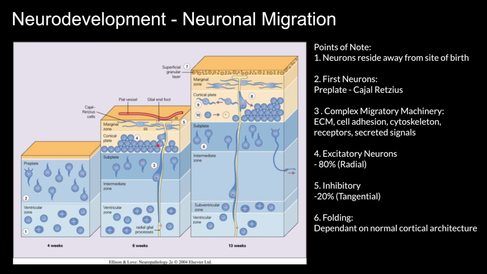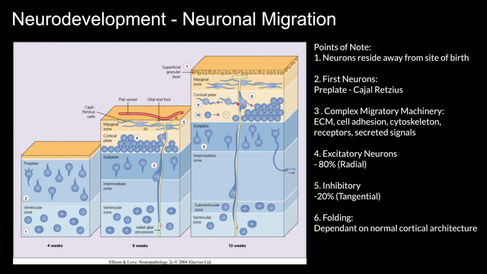Now, how do they know where to stop? One of the key ways is that these Cajal-Retzius cells secrete a protein called reelin, which binds to a receptor known as the very low density lipoprotein receptor on migrating neurons, and tells it that you've reached the top and it's time to jump off, so the next neuron can go.